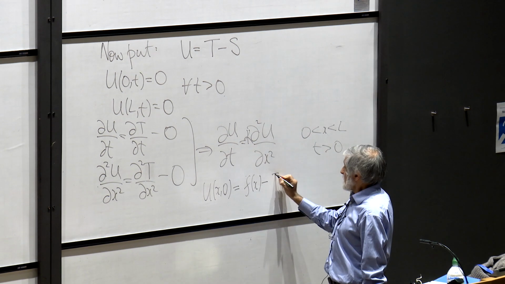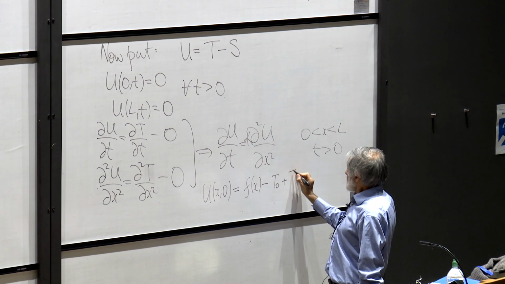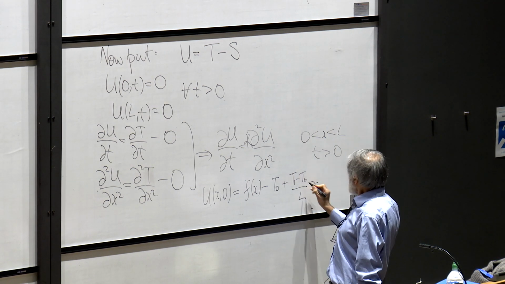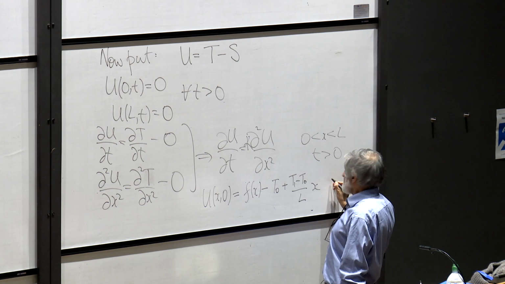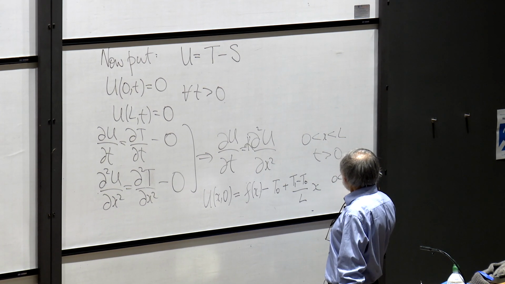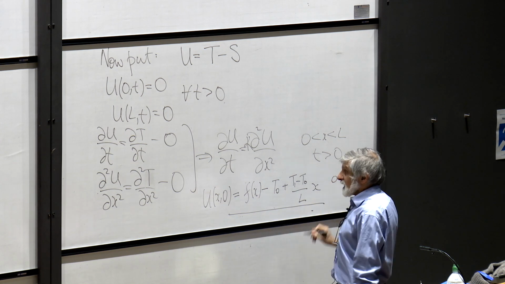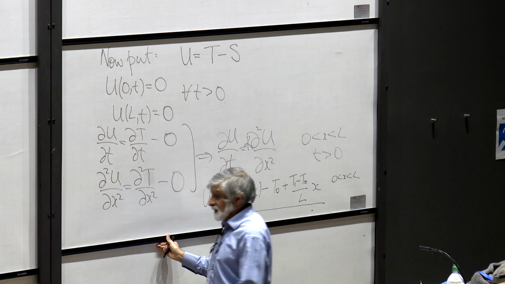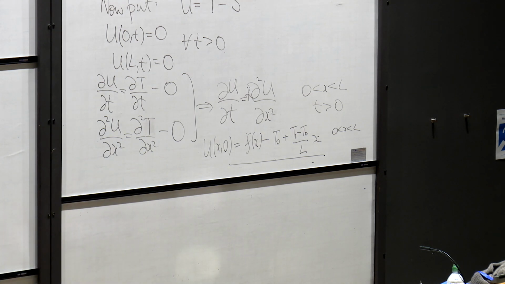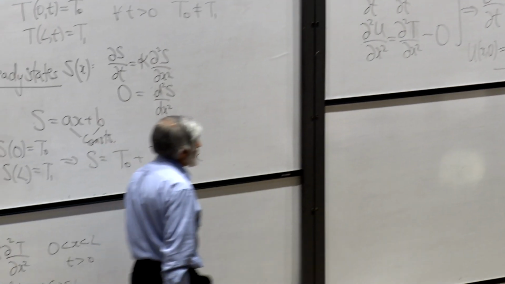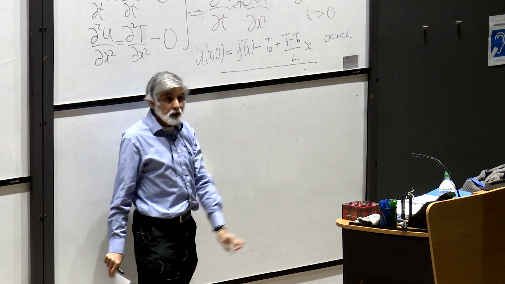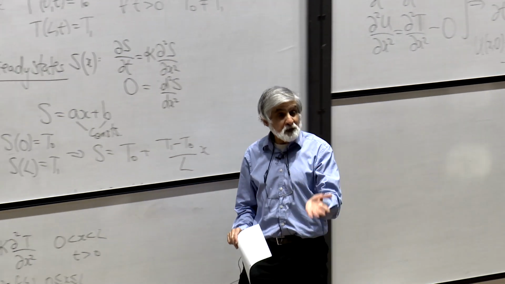Well, S is T naught plus T1 minus T naught over L times x for 0 less than x less than L. And so now we've got our setup. So now we look for separable solutions. We get f dashed over f must be a constant.